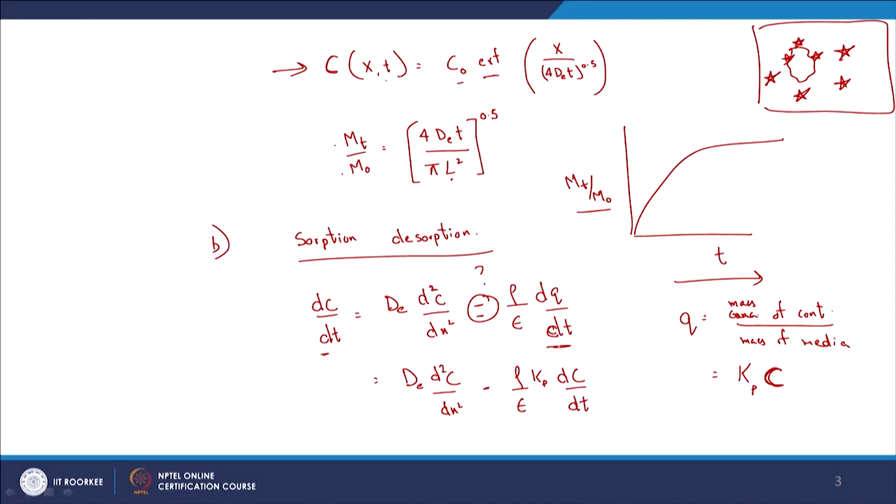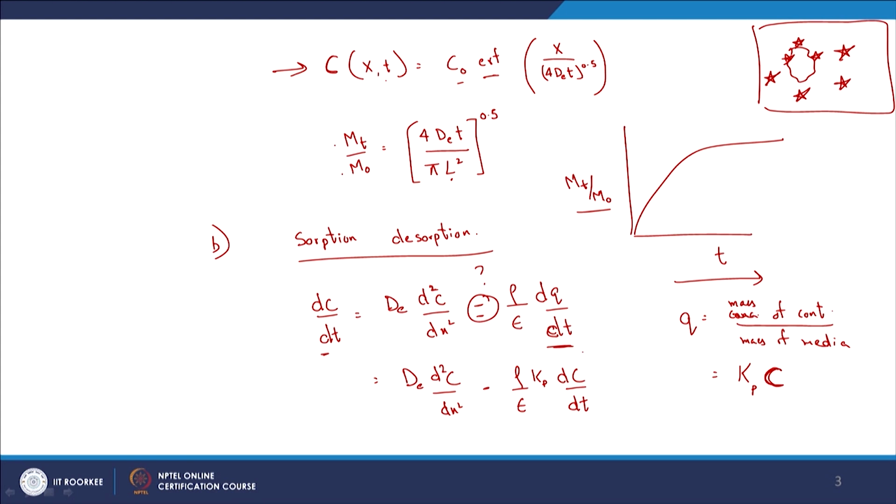So, if the concentration on the solid is increasing, what will happen to the concentration of the relevant molecule in the water? It will obviously decrease, because where is the mass of the contaminant coming from? Only from the water, it is going onto the solid. So, if Q is decreasing, what happens? It means that the compound is being desorbed. So, the contaminant is changing from being adsorbed and moving into the aqueous phase. So, that is why dC by dt will have the opposite sign as dQ by dt.